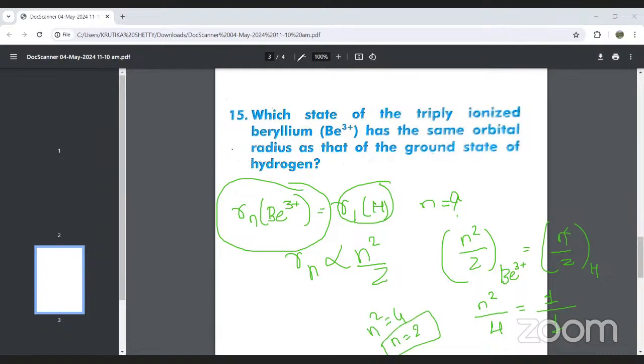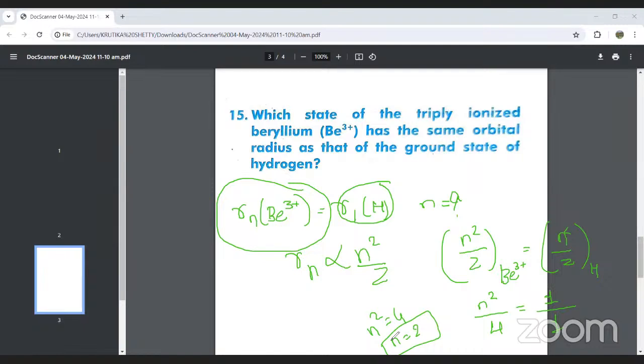Yes. See, is it clear? So which state, meaning the n value we have to find out. What are they saying? Triply ionized beryllium is equal to the ground state of the hydrogen. So therefore we have taken it as Rn of beryllium is equal to R1 of the hydrogen. Okay. So the formula we know that Rn is directly proportional to n square and inversely proportional to Z. So for that reason, if we equate these two, substitute the Z value, and for hydrogen ground state, n is equal to 1.